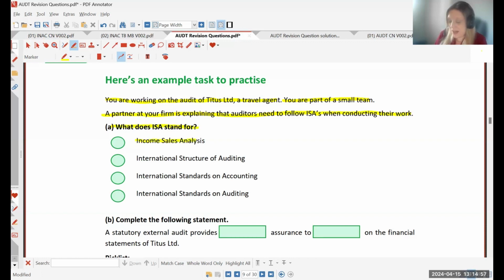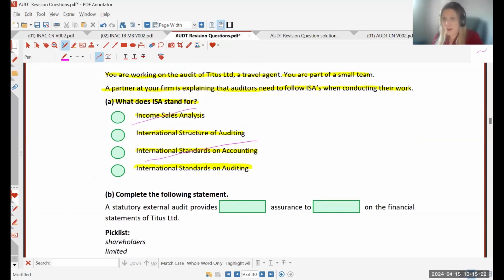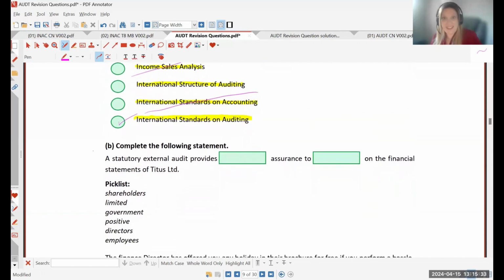So we have income sales analysis, internal structure of auditing, international standards on accounting, and international standards on auditing. I would like to think that you could cross off income sales analysis and international standards on accounting straight off the list because they don't have the words auditing in them. But realistically, I would hope that you are all very aware now that ISA stands for International Standards on Auditing. That's a nice question to have.